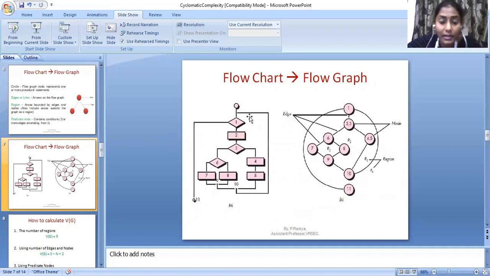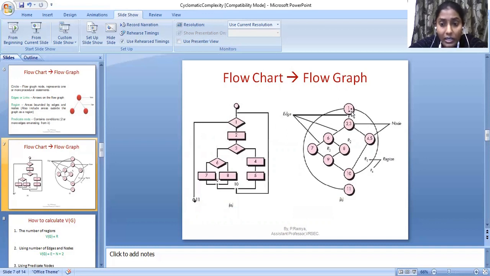The left hand side is the flow chart and the right hand side is the flow graph. On the left you can see varied flow chart symbols, whereas on the right you see only nodes, circles, and the links or edges. Initially, at 1 you see a rhombus, which means a decision. A decision means there should be two paths, either yes or no, either this way or this way.